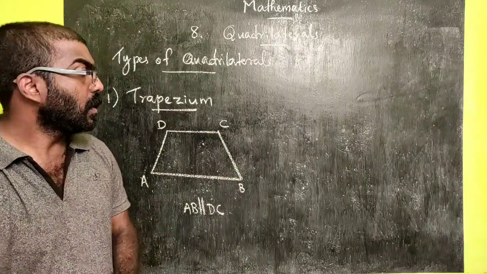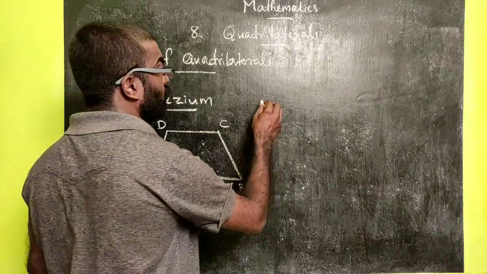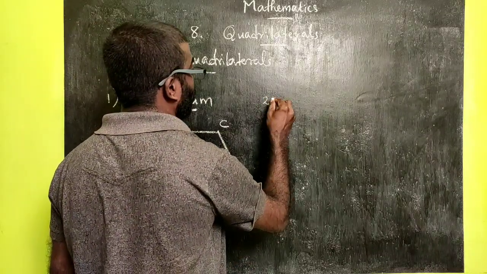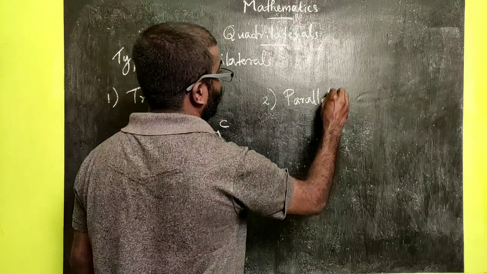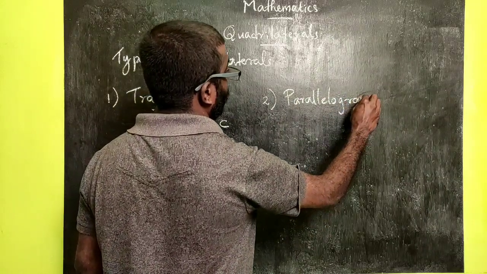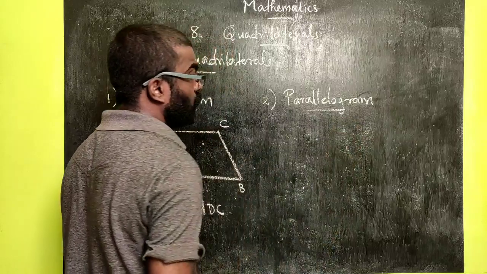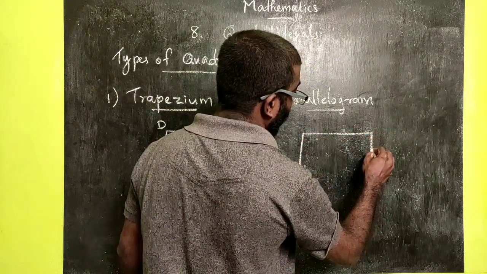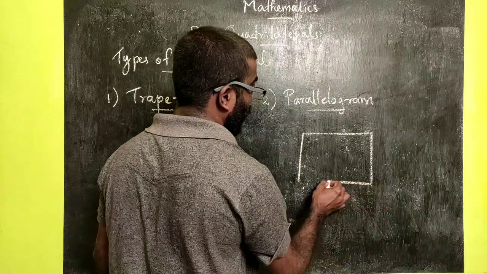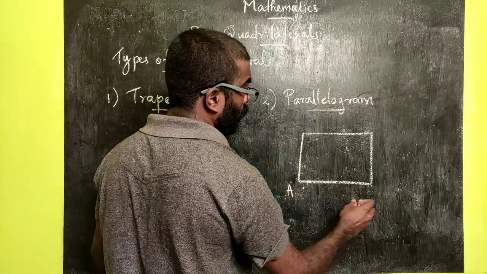Okay. Now the next one is parallelogram. Second one is parallelogram. So it is also a quadrilateral, but here both pairs of opposite sides are parallel. Okay.